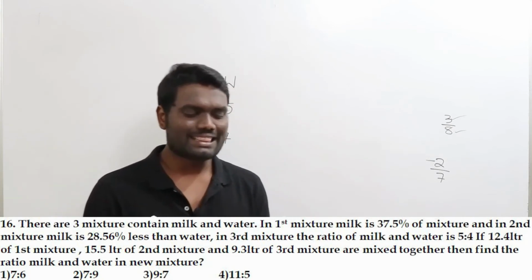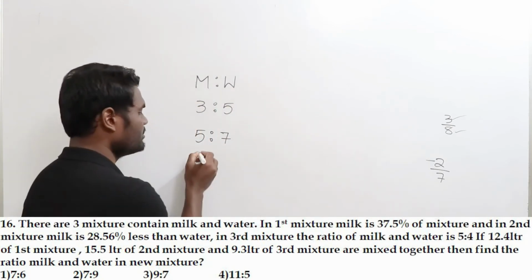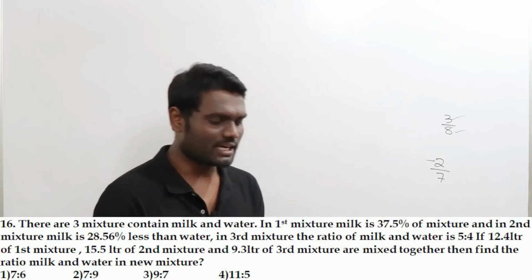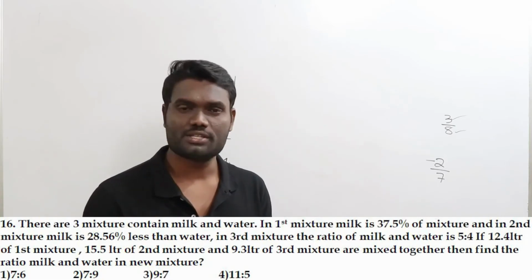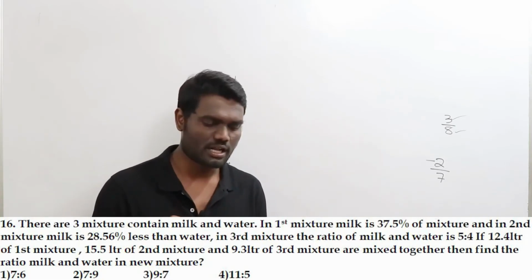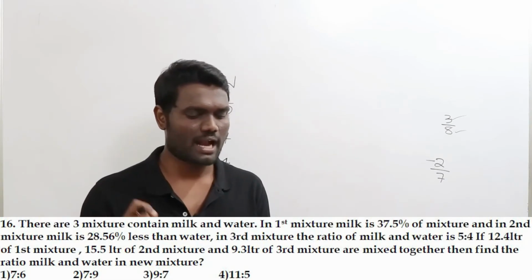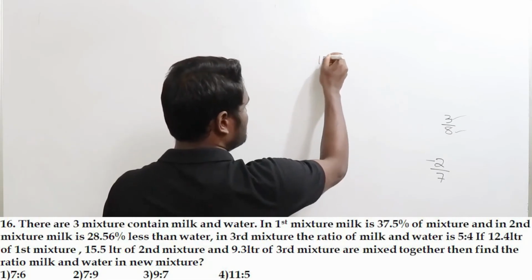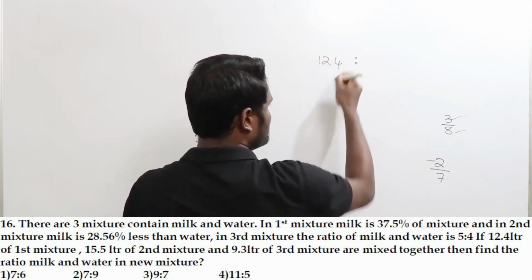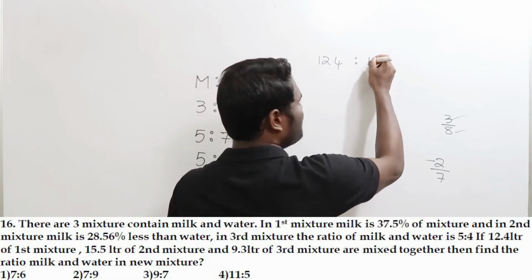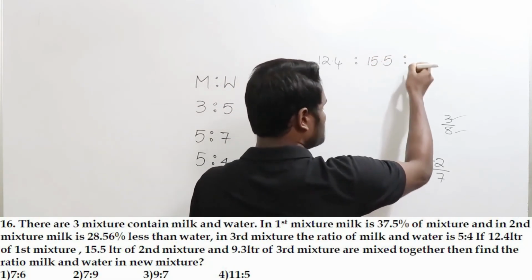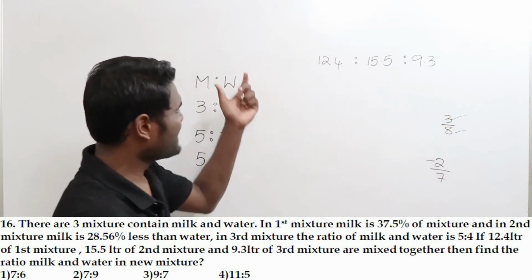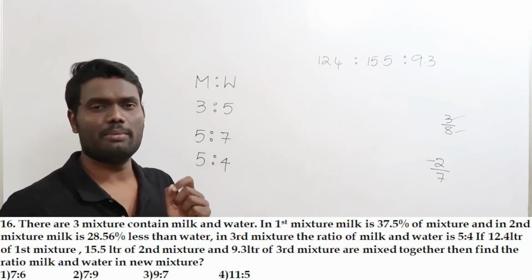And next it is said that in the third mixture the milk to water ratio is nothing but 5:4. And it is said that if 12.4 liters of the first mixture, 15.5 liters of the second mixture, and 9.3 liters of the third mixture are taken and mixed together, then what is the final resultant milk to water ratio?